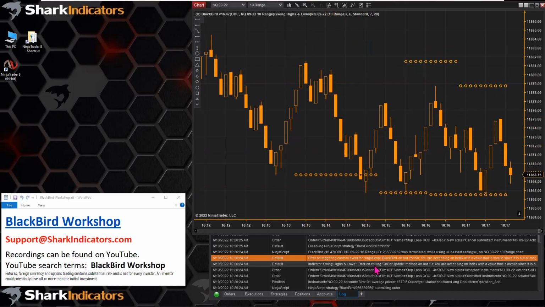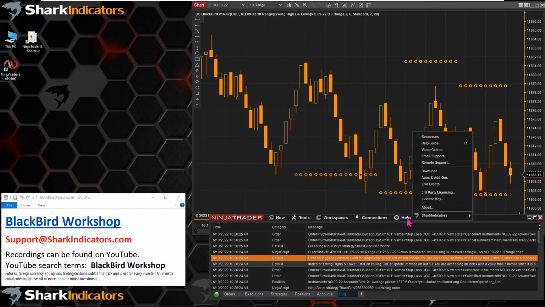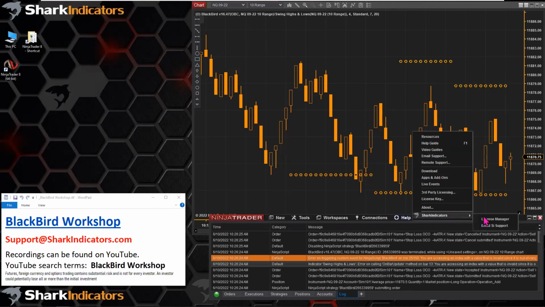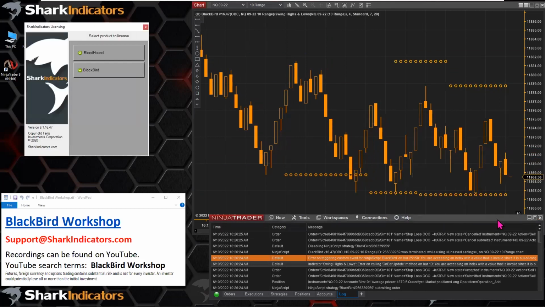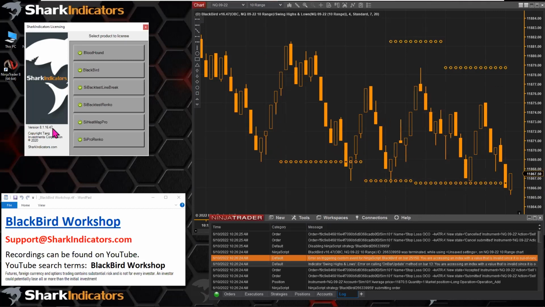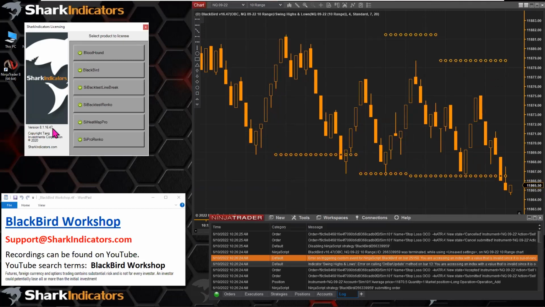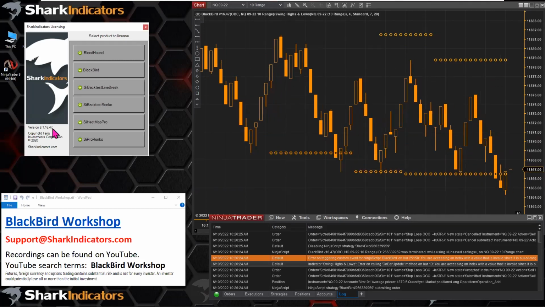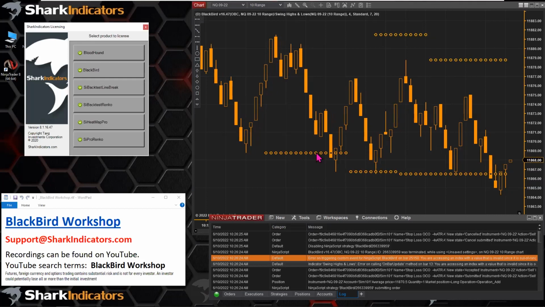Let's see here. If I go to shark indicators, go to licensing manager, you can see I'm on version 8.1.16.47, and I think the beta version that we have out is 49, which fixes the swing indicator for NinjaTrader Release 26.